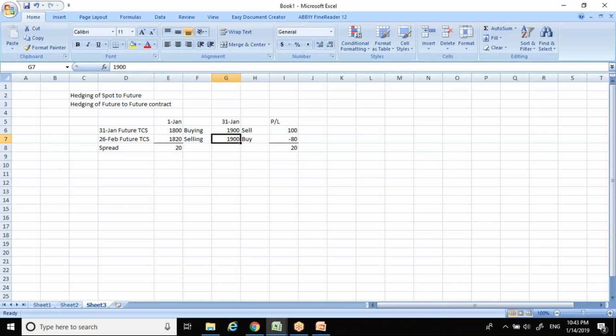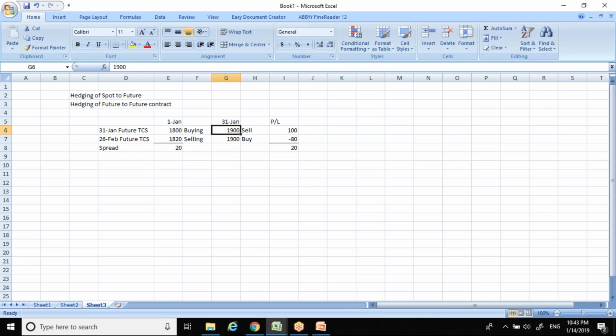Now, technically or practically, this spread will not completely exhaust. Why? Because the future contract of the current month on the date of expiry will be equal to spot.